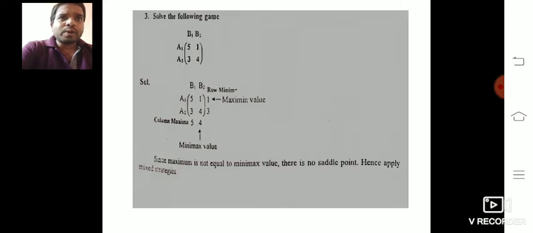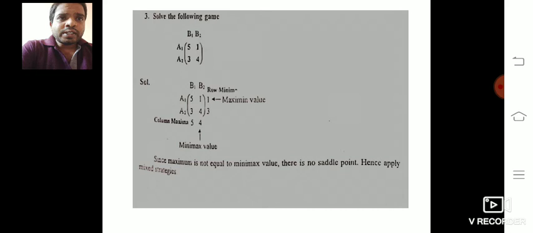Now for the third problem, again A1 A2 are the strategies for the player A, B1 B2 are the strategies for the player B. And here also we find the maximin value as 1 and the minimax value as 4.